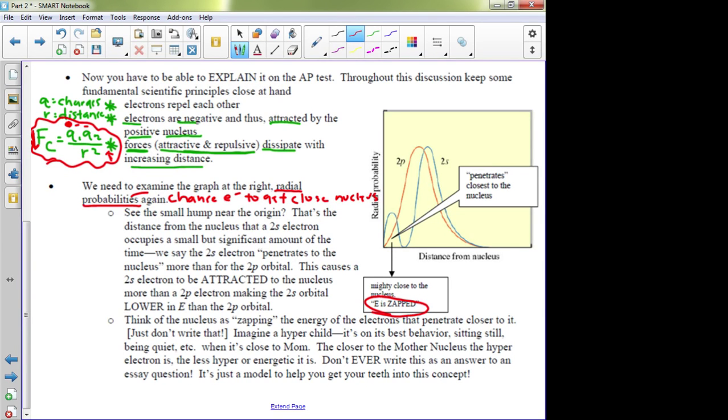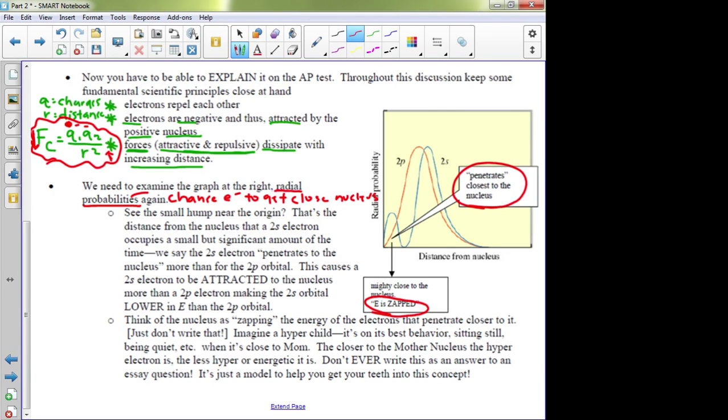Just don't write zapped. What about penetrates? They'll take that. So we would say the chance that it penetrates the nucleus. That is the exact word they use. So it gets closest to the nucleus. Now, who has a better chance of getting close to the nucleus, an s orbital or a p orbital?